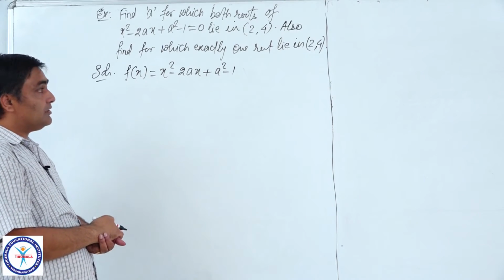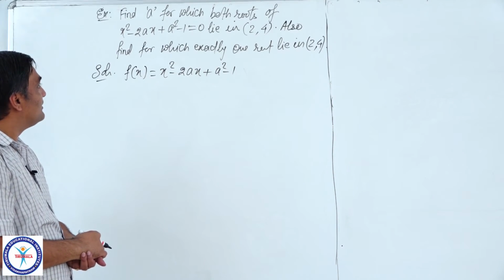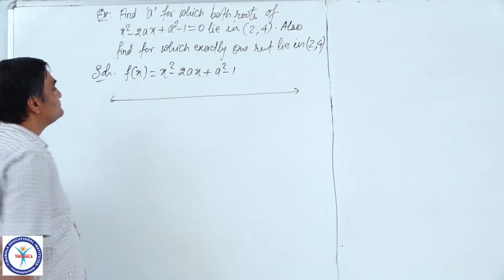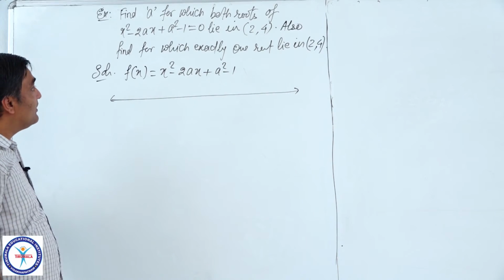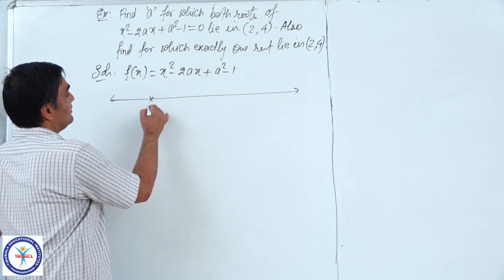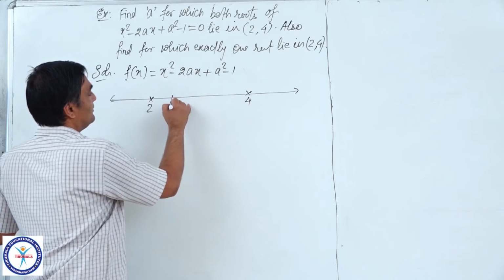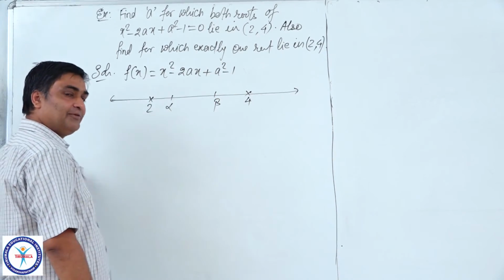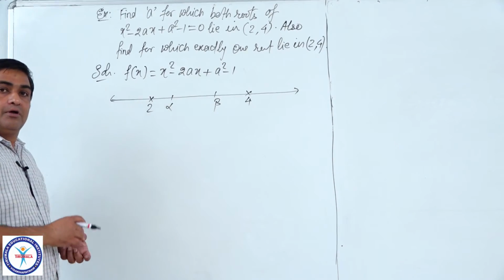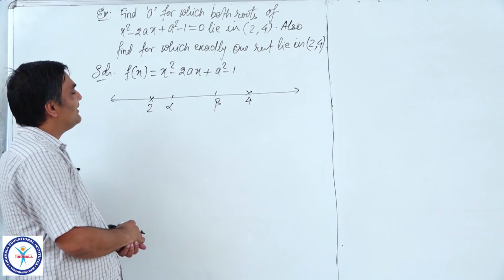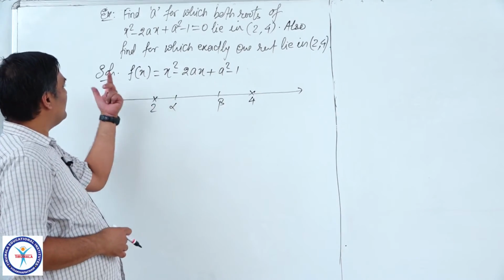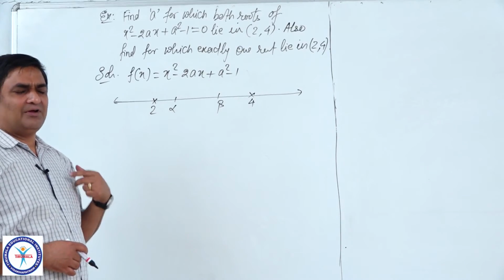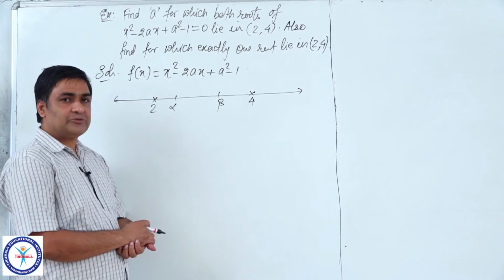Now, the thing is, if we plot on the number line, both roots lie in 2 comma 4 means this condition. You remember the case? Fifth case. So f of 2 greater than 0, f of 4 greater than 0, like this always.